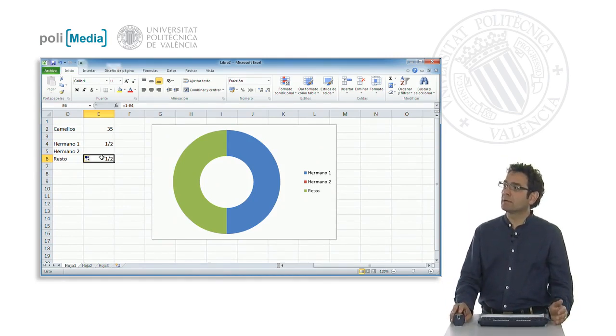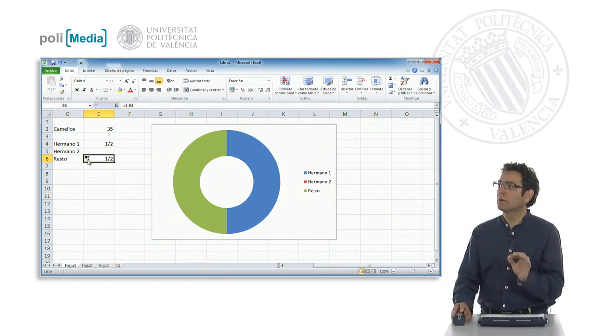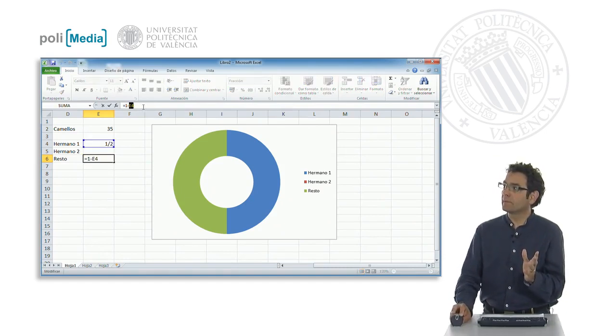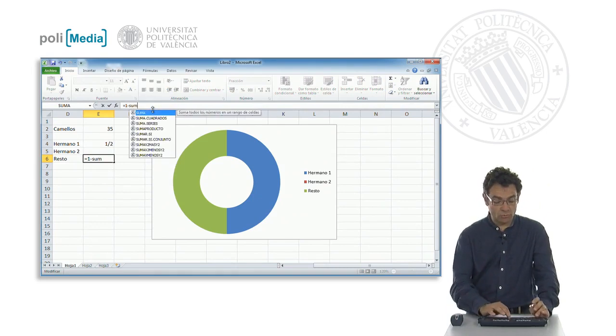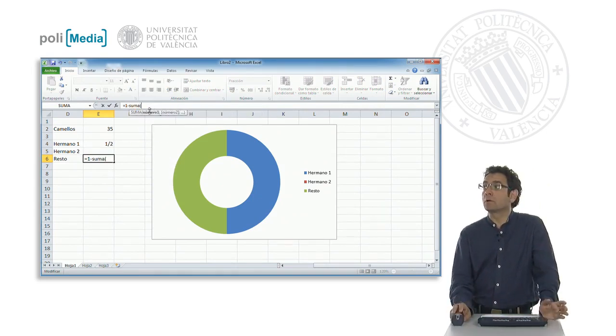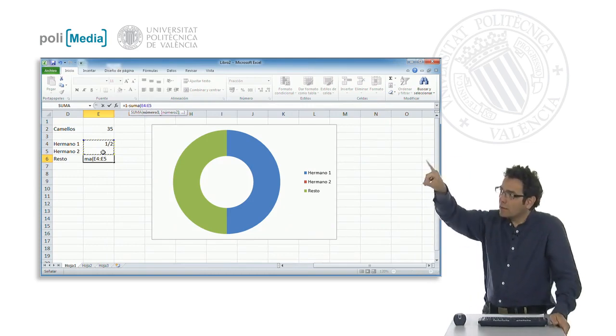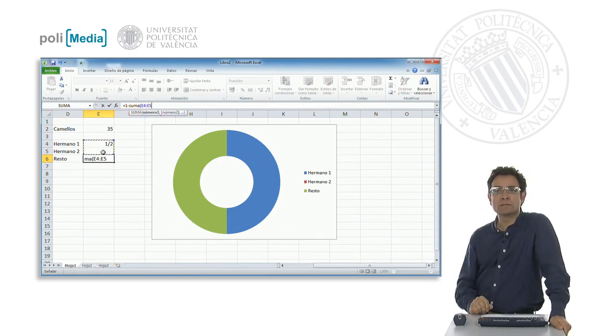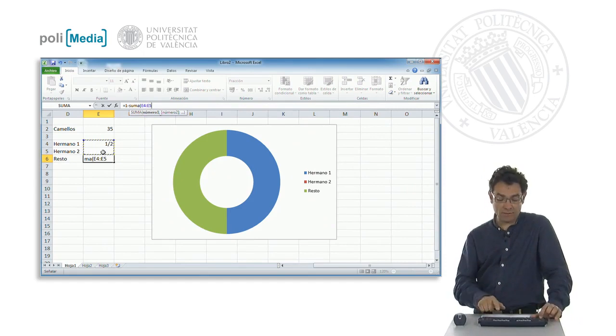He is to receive 1/3. And then when we put 1/3 here, the remainder won't be what it tells us here, but it will be the unit minus the sum of what is in the range that surrounds the cell of the fractions that correspond to the two first brothers.